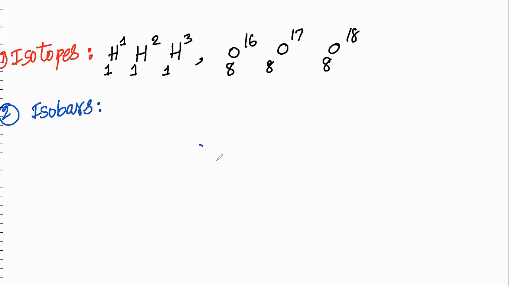Same mass number, X with Z and A. Z is the atomic number, A is the mass number. Same mass number should be there. So atoms of the nuclei having the same mass number with different atomic number are called isobars. Carbon 6C14, nitrogen 7N14. These are the isobars.